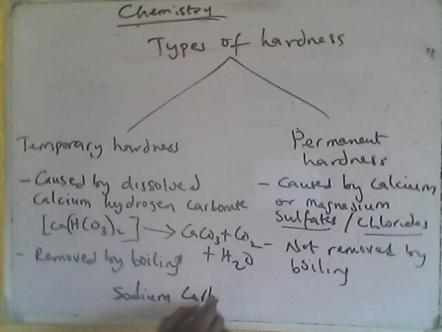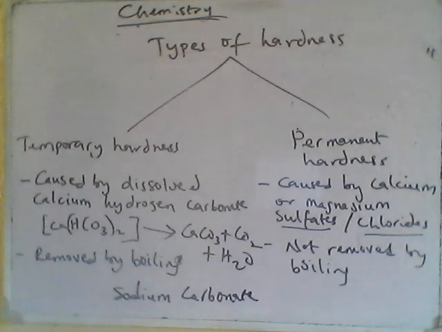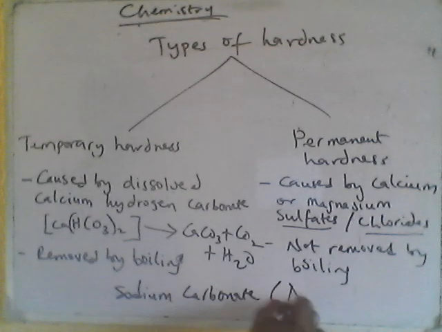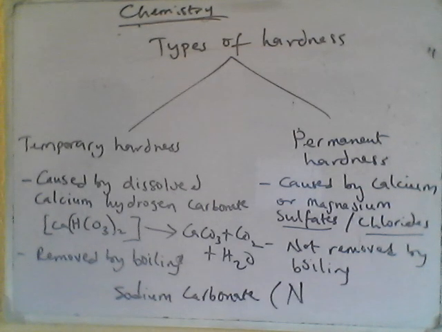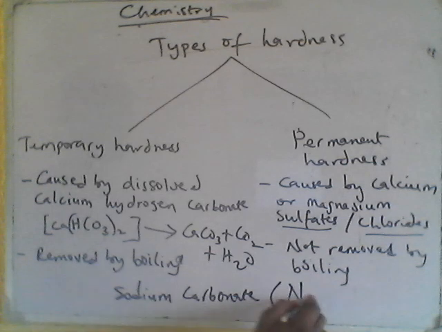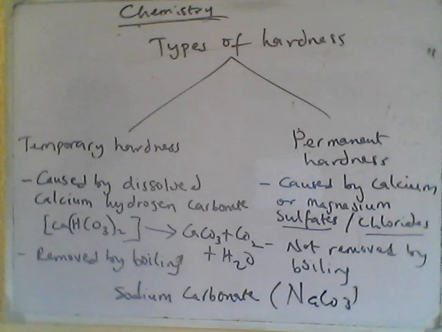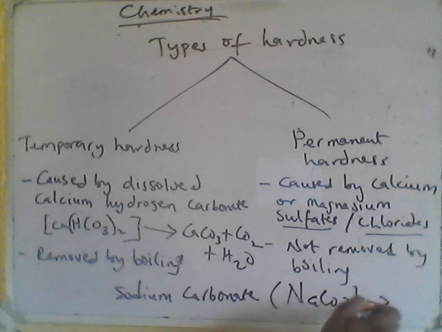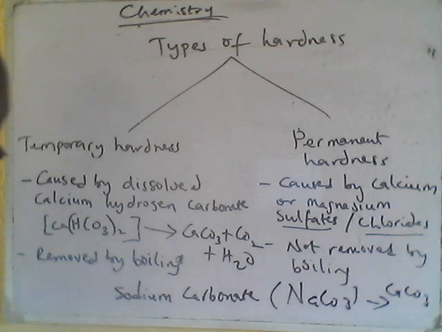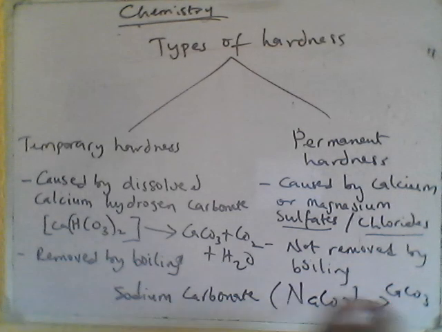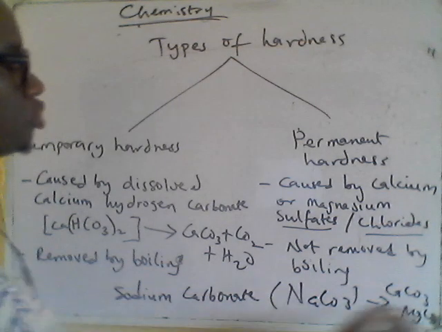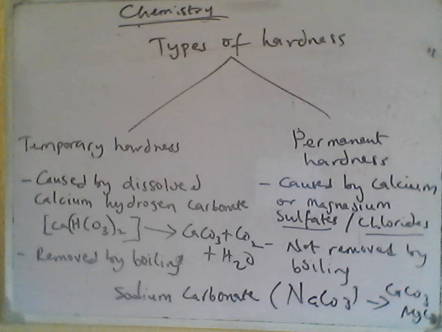So you add sodium carbonate to the permanently hard water. When you do that, it forms insoluble calcium carbonate, or magnesium carbonate. Insoluble means that it does not dissolve. So when this comes out as precipitate, you can filter it out.